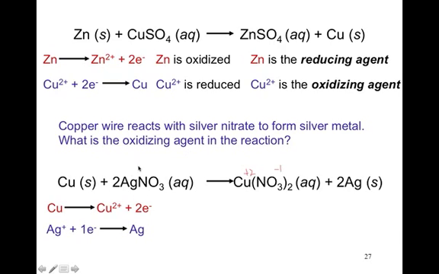And then silver, plus 1 electron becomes just plain old silver. And we know that because here we've got our nitrate ion again as its -1. And so to be balanced, silver is going to have to be +3.